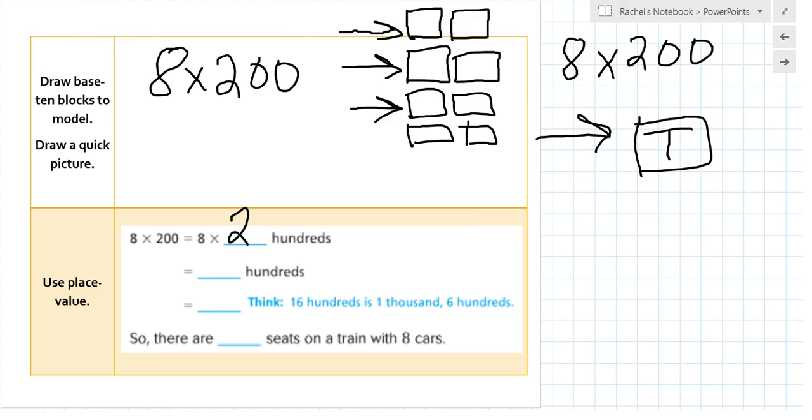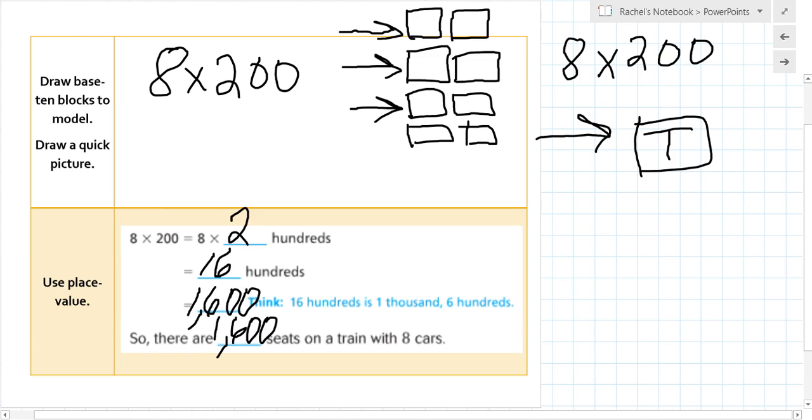So 8 times 2 is 16 hundreds. 16 hundreds is really just 1,600. So there are 1,600 seats on a train with 8 cars.